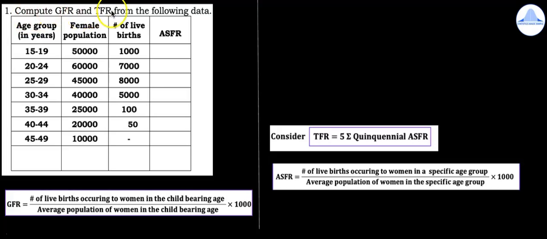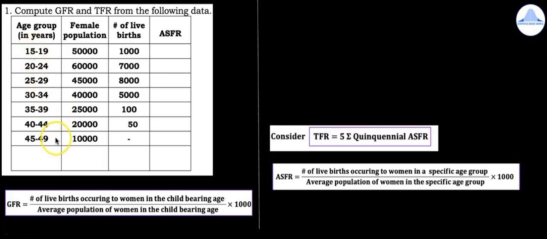Compute GFR and TFR from the following data. The age groups in years from 15 to 19 till 45 to 49 are given along with the corresponding female population and number of live births. Now GFR is the general fertility rate and it is calculated for women in the childbearing age, that is 15 to 49 years.